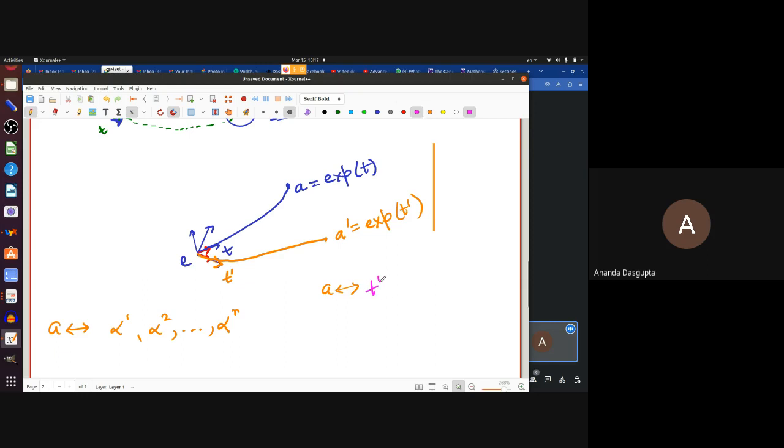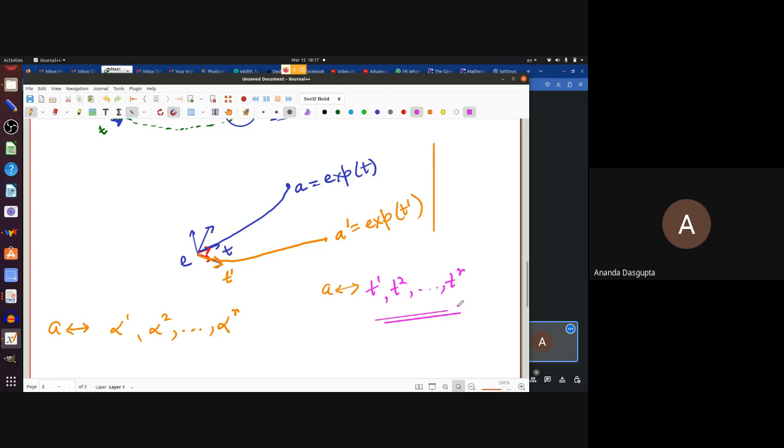Give me T1, T2, TR, and I've got your point A, right? What are coordinates after all?